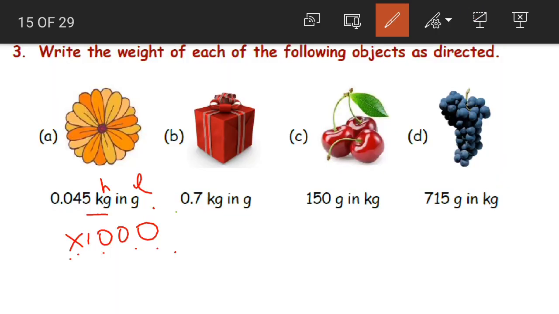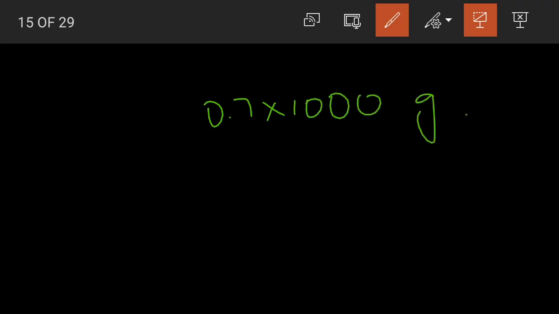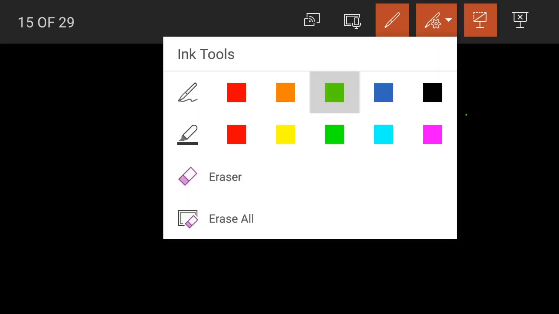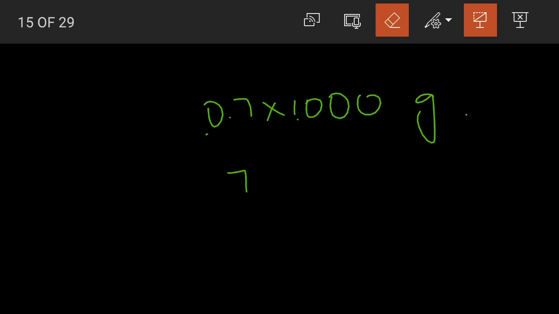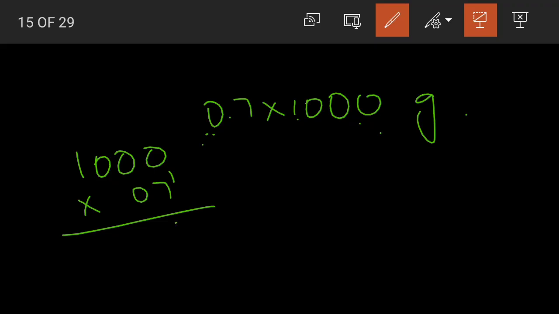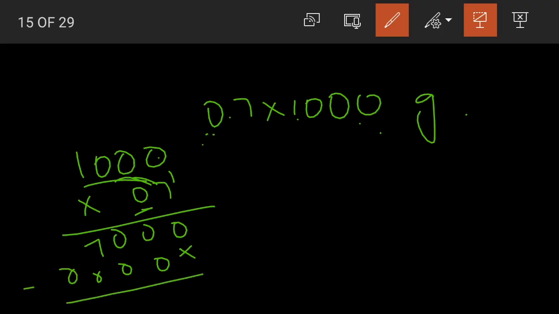Now next, again 0.7 kilograms into grams. 0.7 multiplied by 1000 grams. Now how will we multiply? We'll first multiply the numbers as it is. 1000 multiplied by 7: 7 zeros are 0, 7 zeros are 0, 7 zeros are 0, 7 ones are 7. 0 into anything will become 0 only.